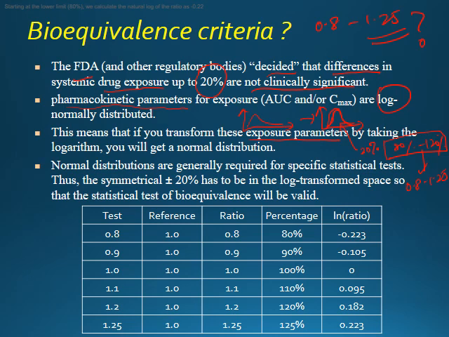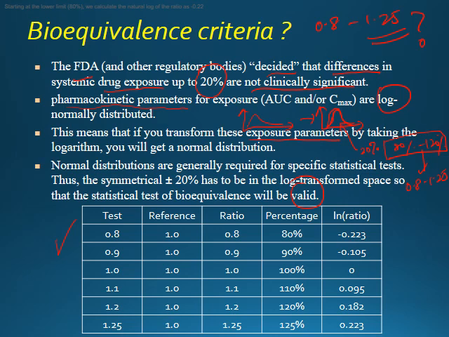Normal distribution is generally required for specific statistical tests. That's why the symmetrical 20% has to be in the log-transformed space, so that the statistical test of bioequivalence will be valid. Referring to this table, please.